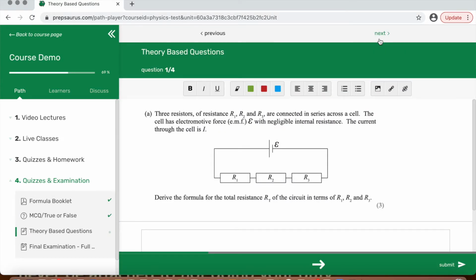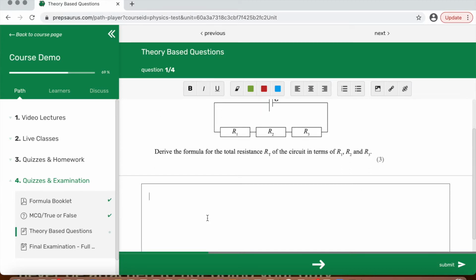Apart from MCQ based questions, we have theory based questions as well, where the student has an option to read the question. So for example, here we have a question of 3 resistors, and they're asked to derive the formula for R1, R2, R3.